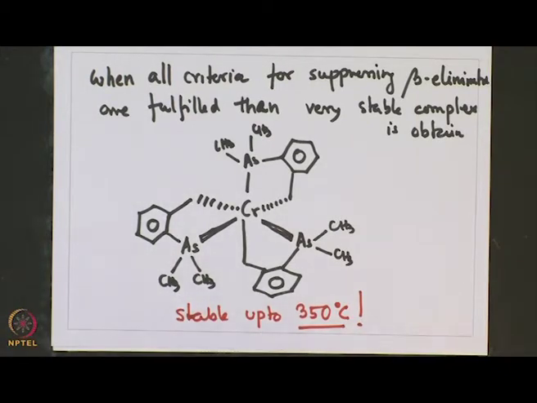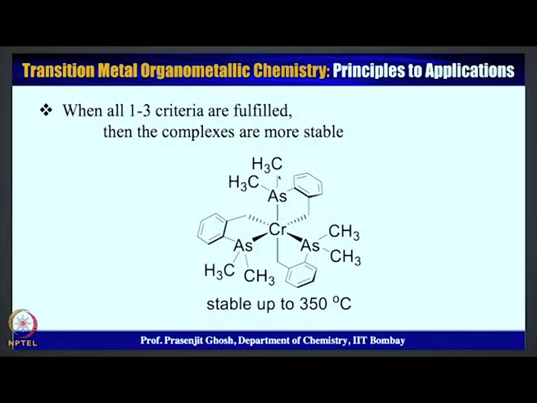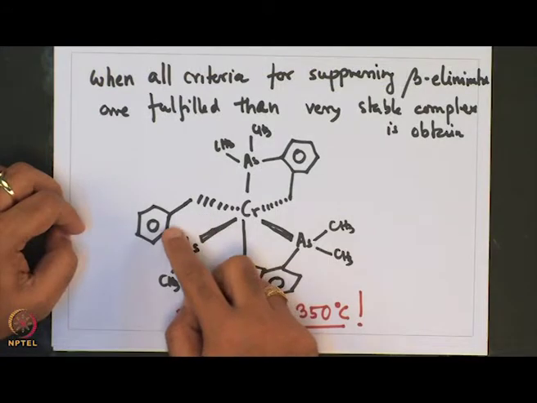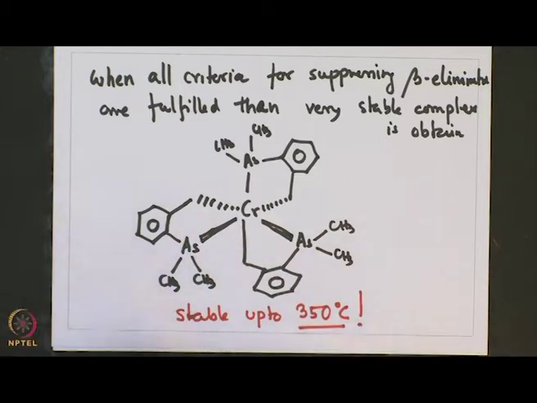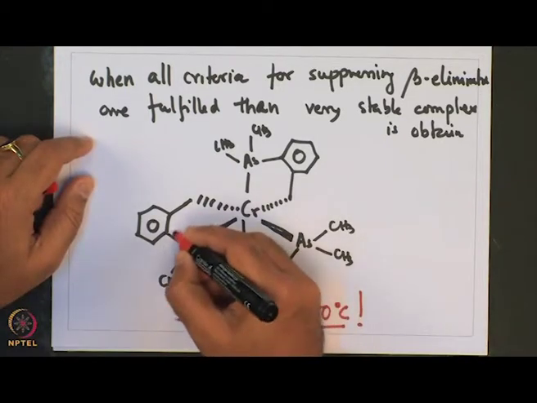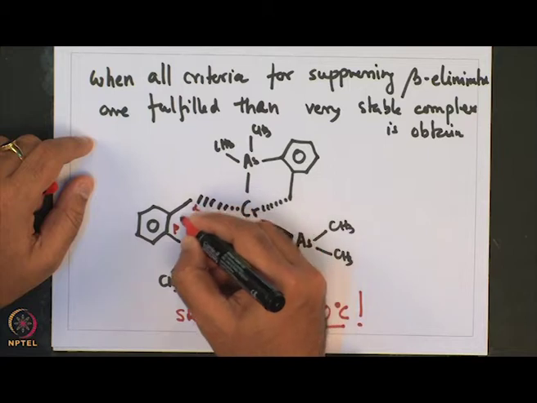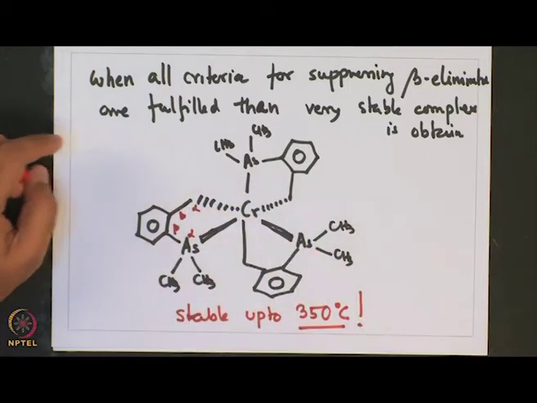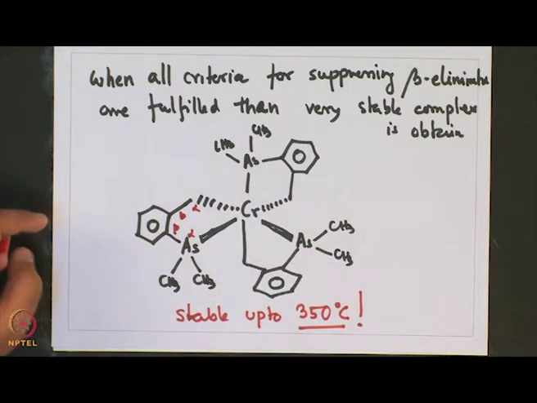So, this is an extremely stable compound, and what we see is that all the criteria of beta elimination have been inhibited. For example, there are no beta hydrogens, so both the beta positions are blocked.